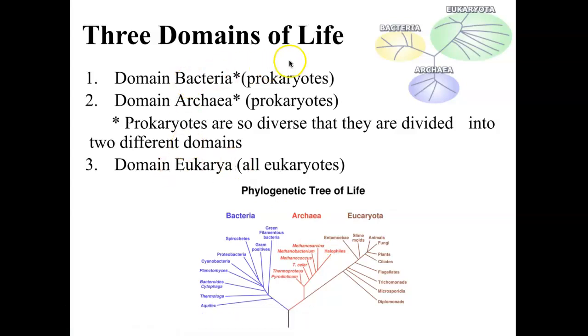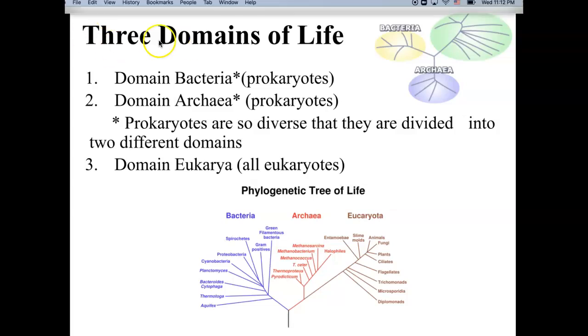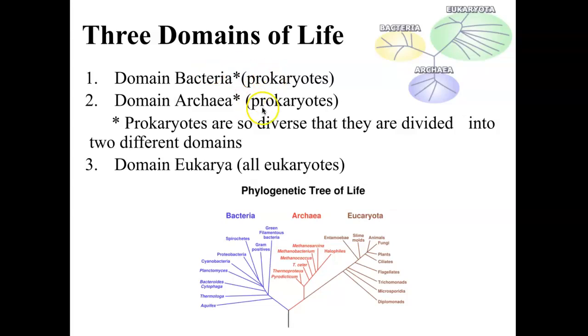There are 3 domains of life, and this is the first level of taxa, the first level of taxonomy. So again, 3 domains. 2 of these domains are prokaryotic domains, so single-celled organisms. So these are essentially 2 bacterial domains almost. Prokaryotes were so diversely different that they had to be divided into 2 different domains.